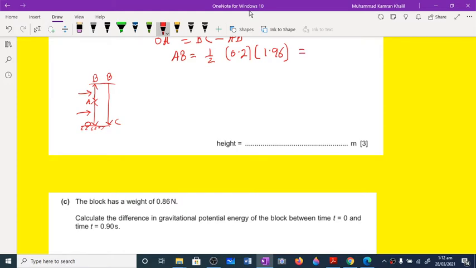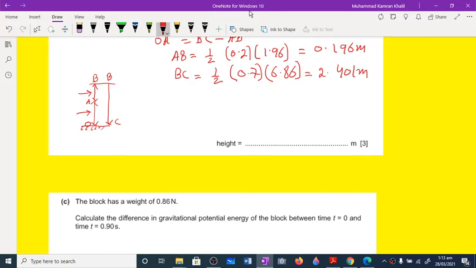So I will get the answer 0.196 meter, and the other value is B up to C, that value is 1 by 2. Then the other thing is the distance and the time. The time is 0.7, and the other value given is 6.86. So what we will get, 2.401 meter.